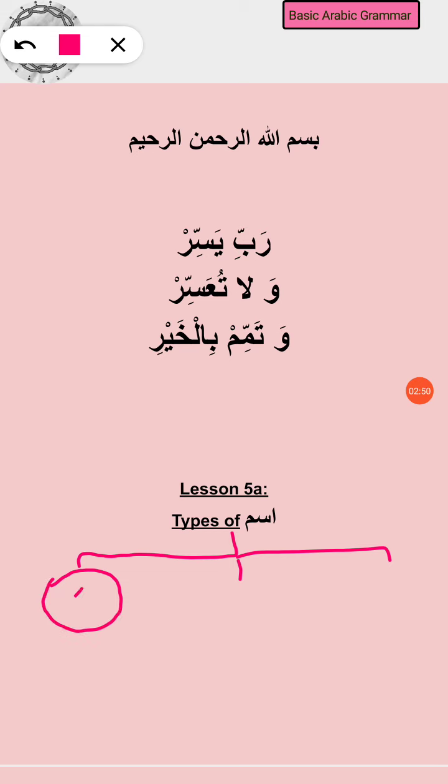The second group is the one that we got introduced to in the last lesson, the ghair munsarif asma, and this third group is the one that we are going to touch briefly in this lesson and then learn a bit more in the next lesson, inshallah, which is lesson 5b. So let's get started.